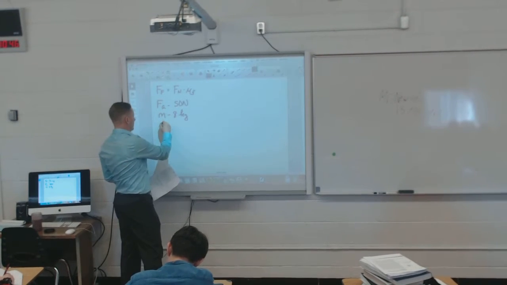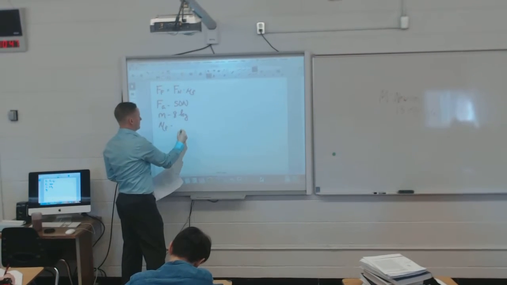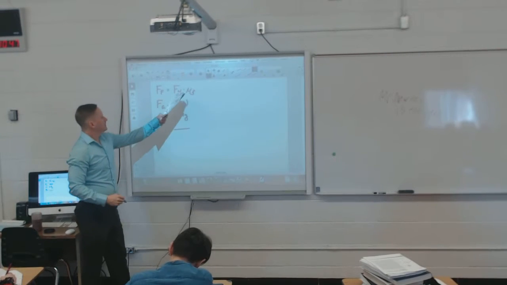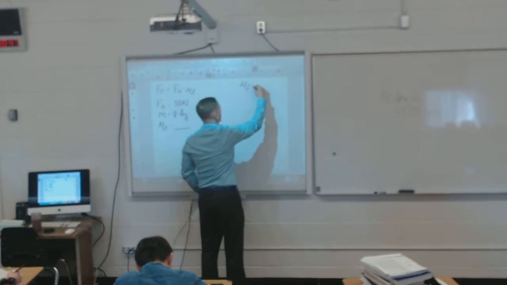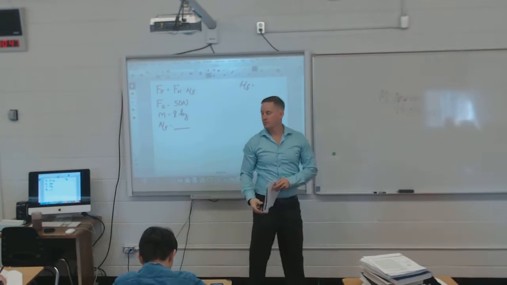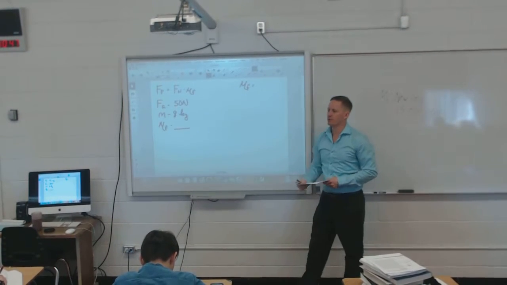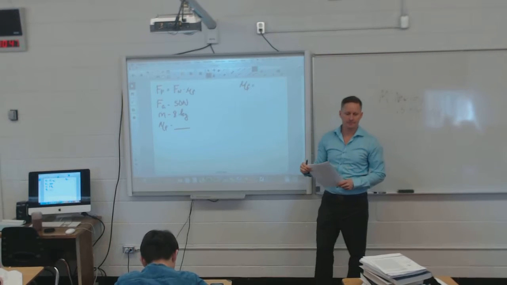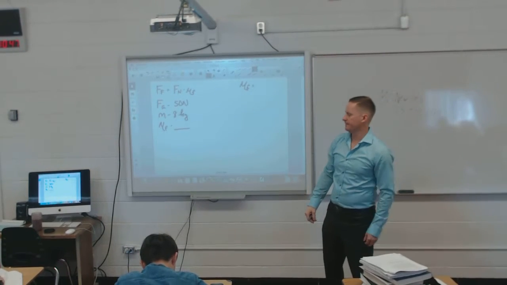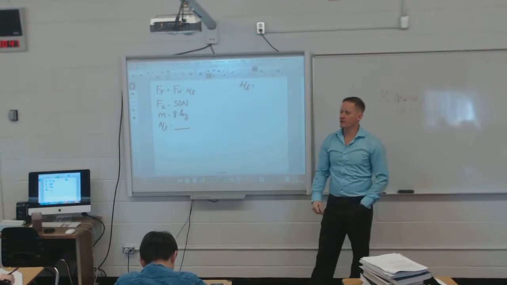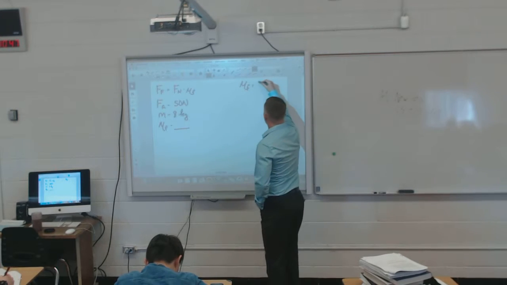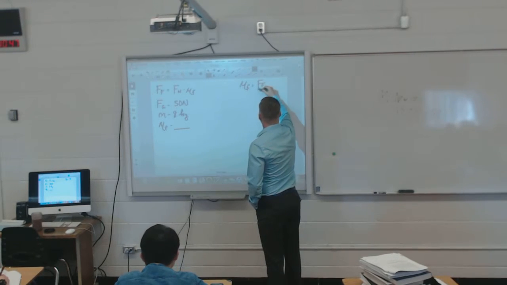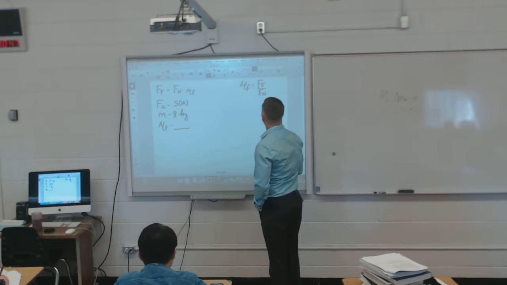And it wants to know what the coefficient of friction is. So to solve for coefficient of friction, I have to rearrange my equation. So what is the coefficient of friction going to be equal to? Just rearrange the equation. Force friction over force normal. Thank you. Force friction over force normal. Okay?